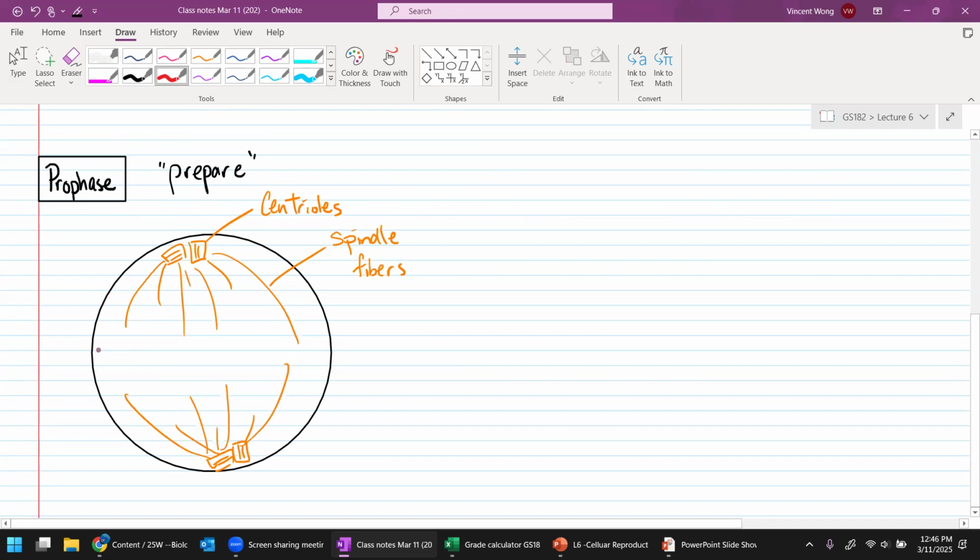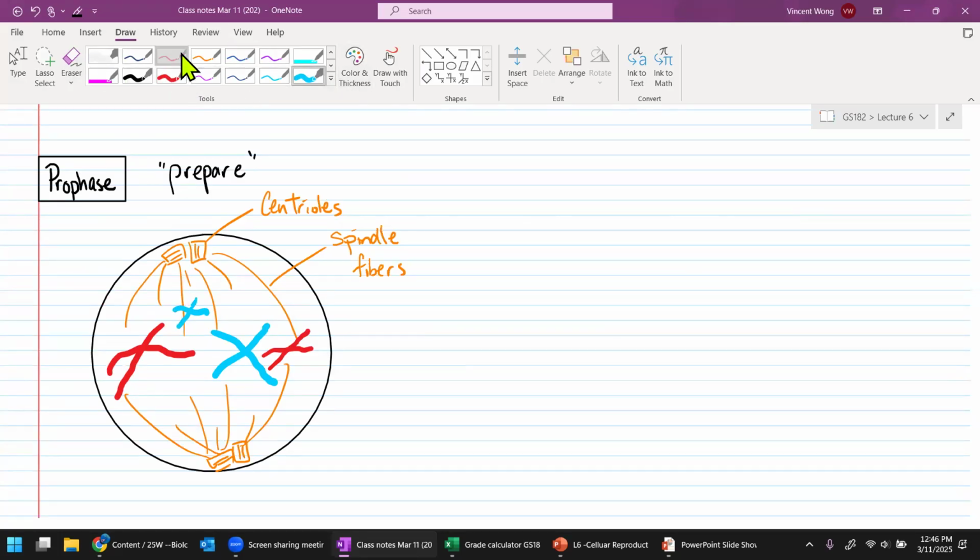Now I will draw a few for you. We will have the mother chromosome 1, which is already copied. And then you have mother chromosome 2, which would be a little bit smaller. And then you have the father ones. They're just kind of all over the place. To help you see it a little bit better, this is chromosome 1 from mom, and these are sister chromatids.